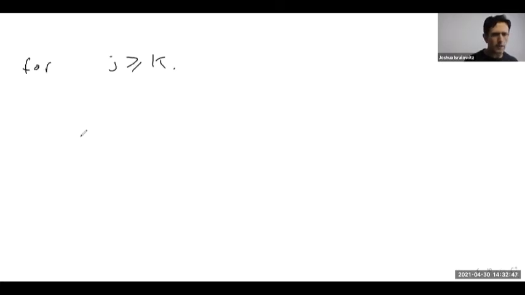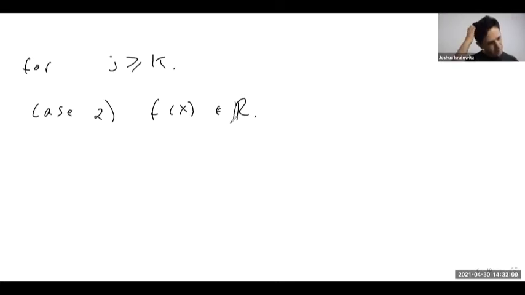Okay, so the other case is f of x is real valued. So we have a genuinely convergent limit. We're assuming that f of x is less than c.